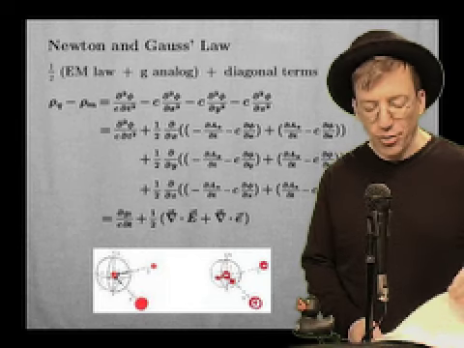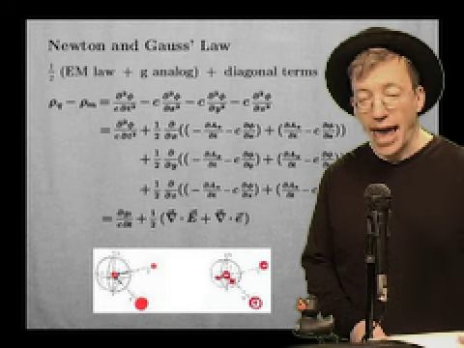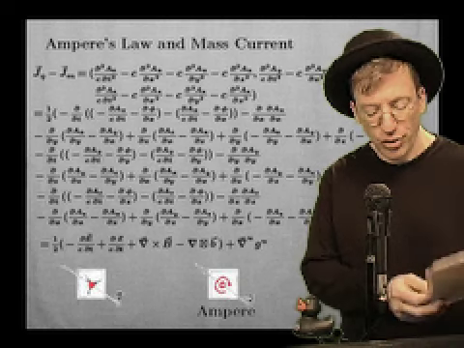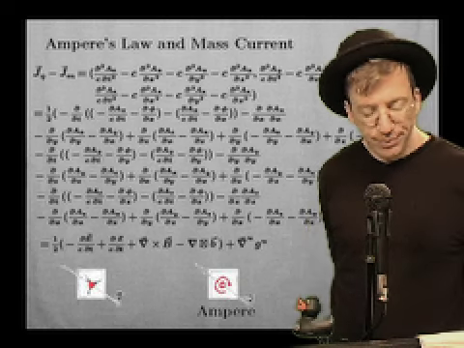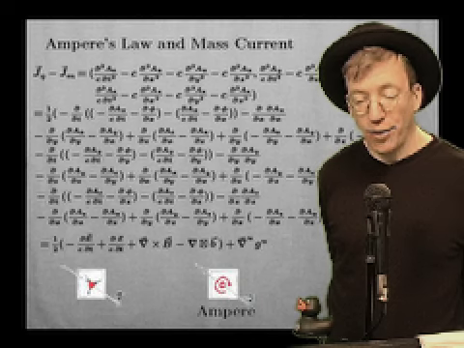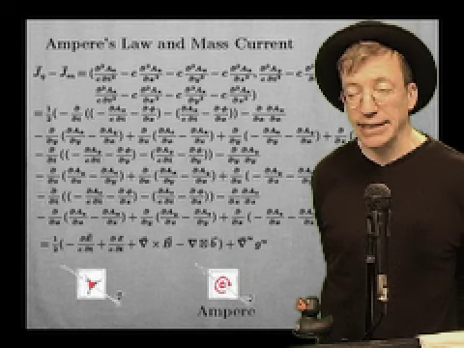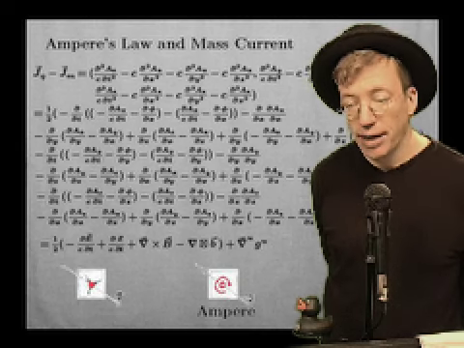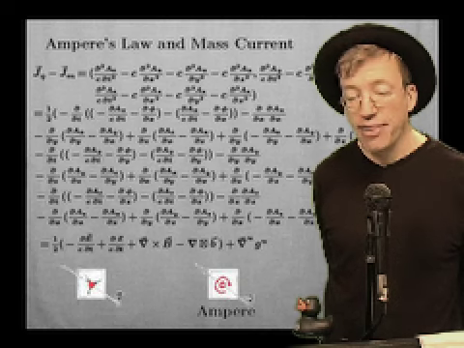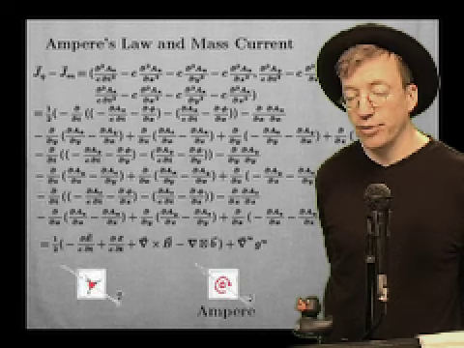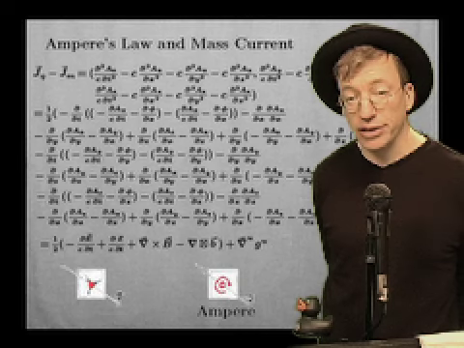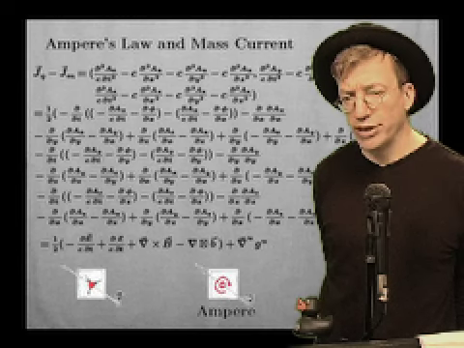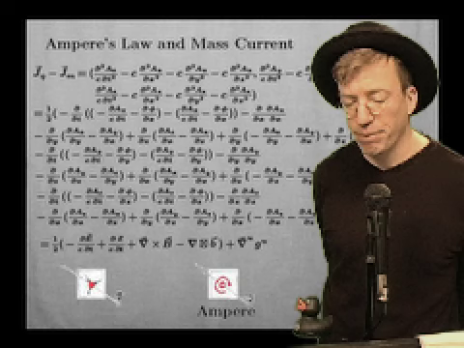Okay, so there's another really important law out there, and that would be Ampere's law. And so we use exactly the same approach. We add one half of the EM law plus the symmetric analog, and we add some terms along the diagonal, and that should be the new law. That should be consistent with the field equations that we've already derived earlier by applying the Euler-Lagrange equation to the gem Lagrange density.